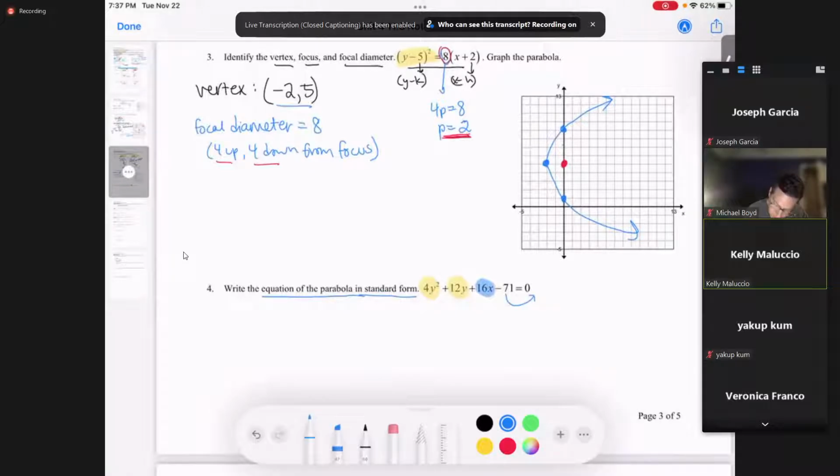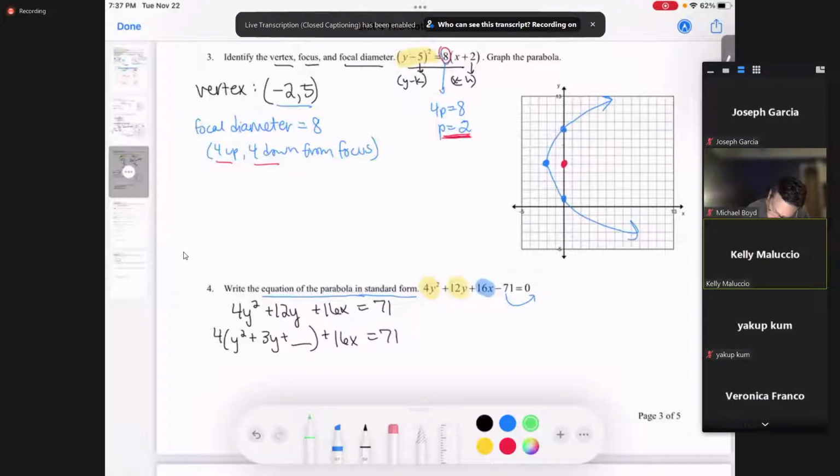So we're going to get, well, here, I'll write a few steps. 4y squared plus 12y plus 16x equals 71. Now I'm going to take out that 4. So I get y squared plus 3y plus blank, then plus 16x equals 71.